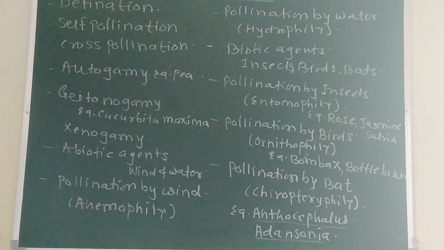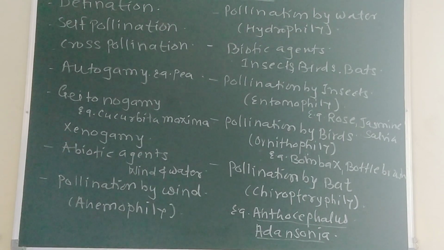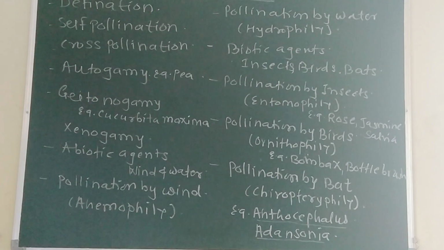For pollination, the agents responsible are grouped into two main categories: abiotic agents and biotic agents. Abiotic agents are non-living agents which include wind and water.